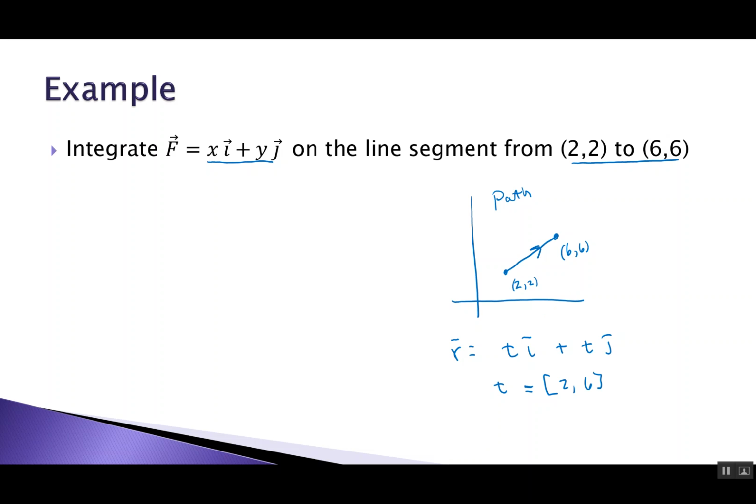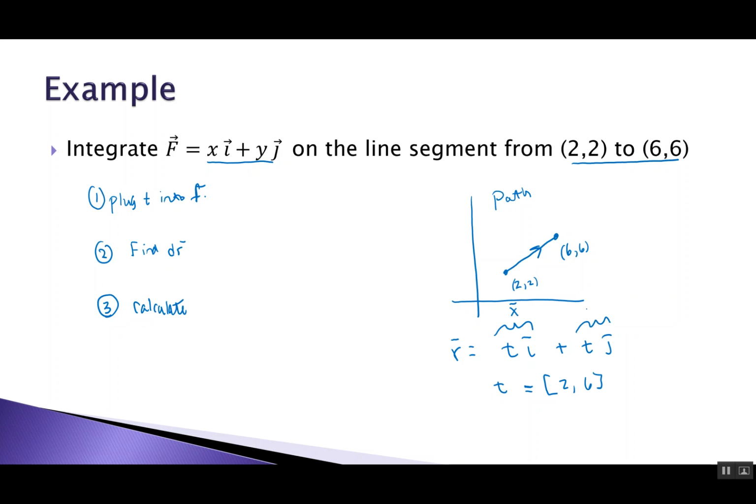All right? So here are 3 things I need to do. I need to plug t into f. I need to find dr. And then I need to just calculate. So here's how I do this. This is my x.